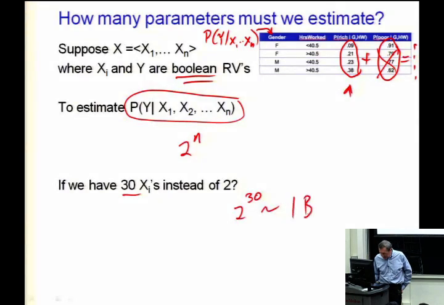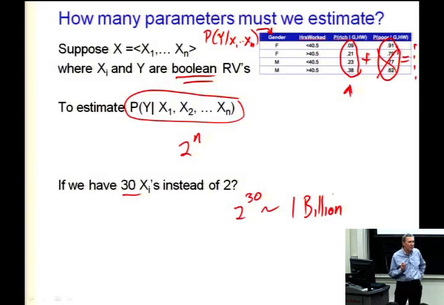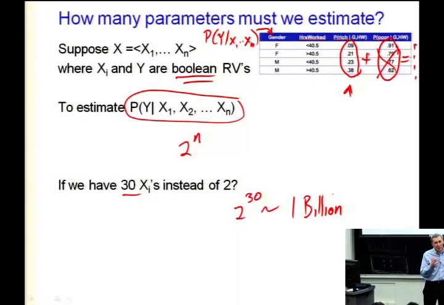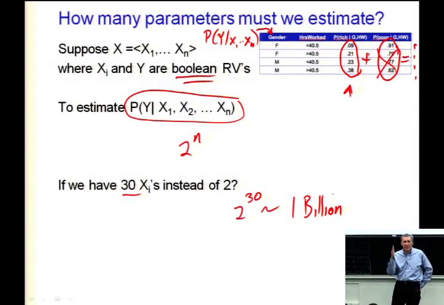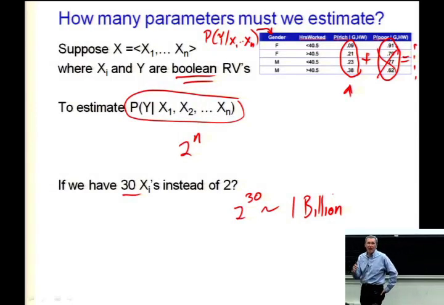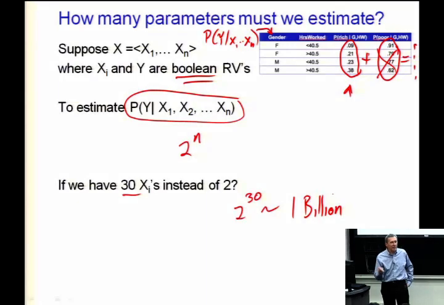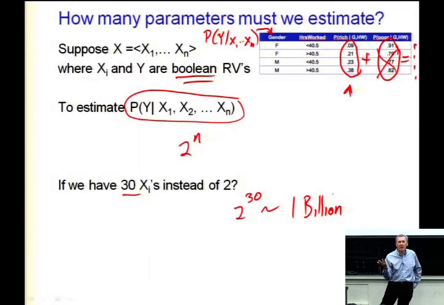That's like a billion. So even if we have 30 Boolean variables, we're already talking about a table that has a billion rows in it, estimating a billion parameters, calculating the other billion. Fortunately, we don't have to estimate all 2 billion. But still, a billion is a lot.